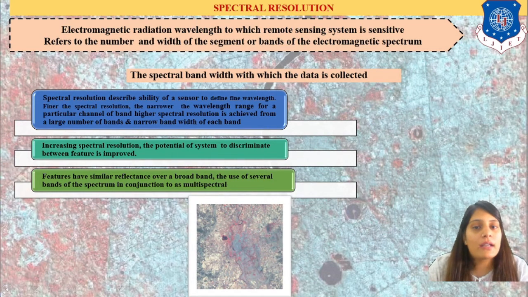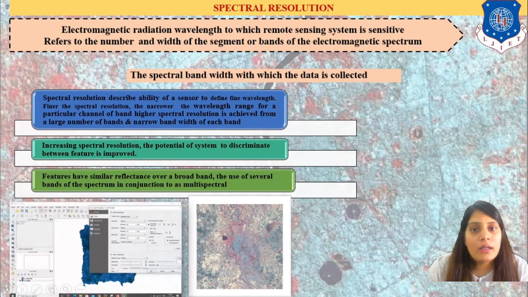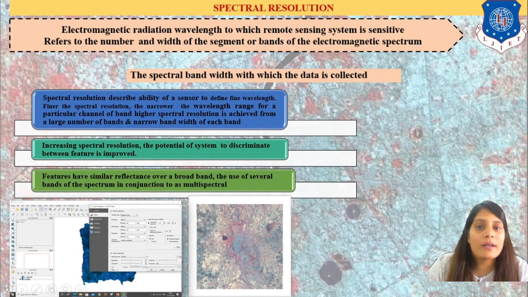How can it be done? Let me show you one example. You can see the image I have shown here. When I open the layer properties of the image, it shows me the number of bands inside it, and according to my requirement, I will change the combination of bands.